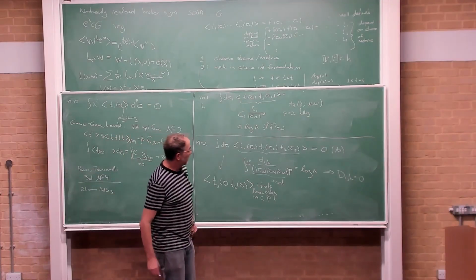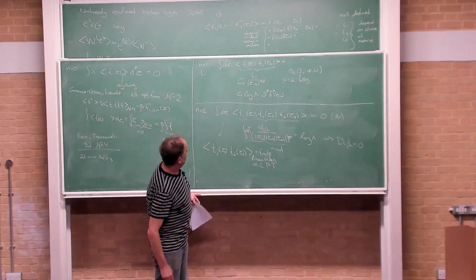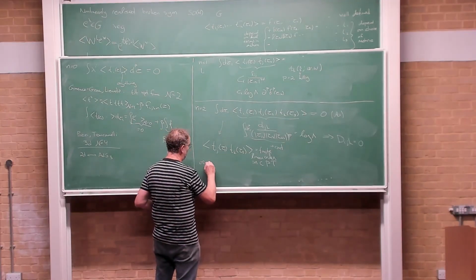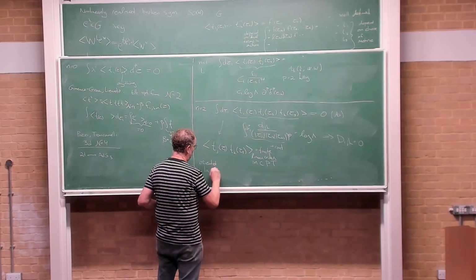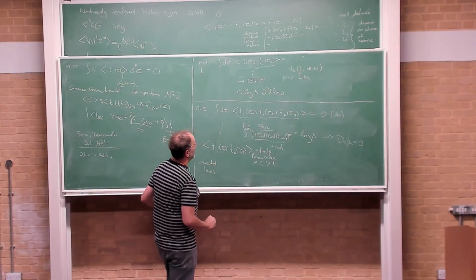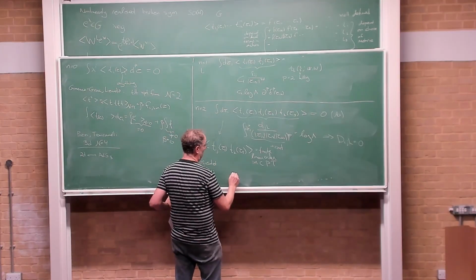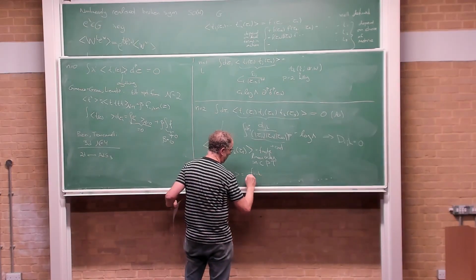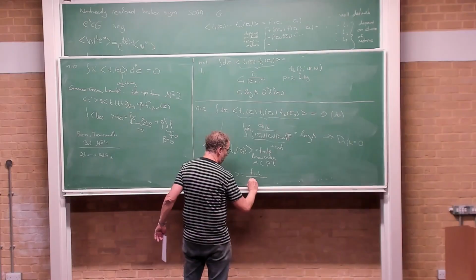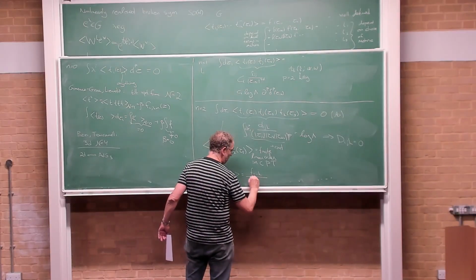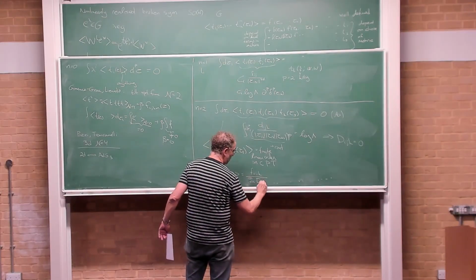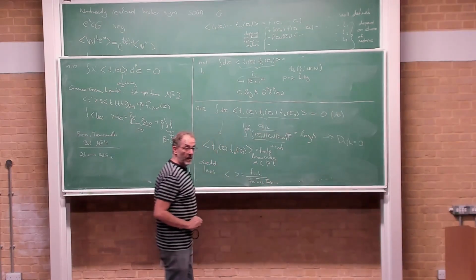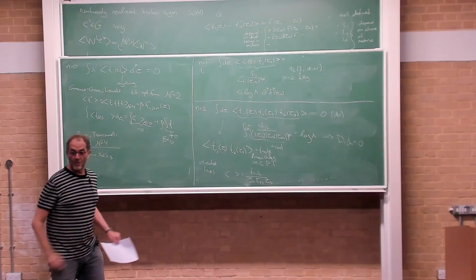There is one exception to this, and that is for line defects oriented lines. In that case, you can have a 3-point function equal to f_ijk over τ12, τ23, τ31, now without absolute values.